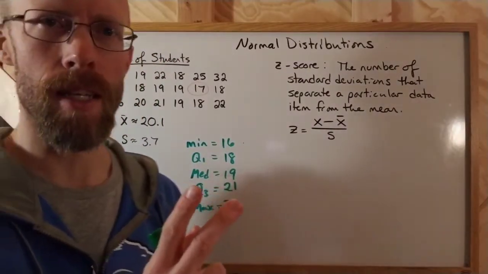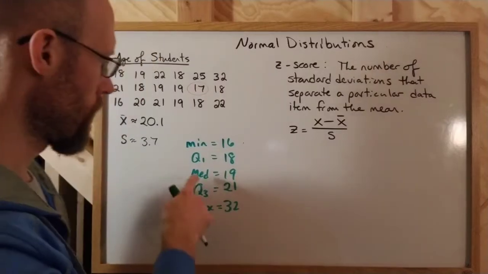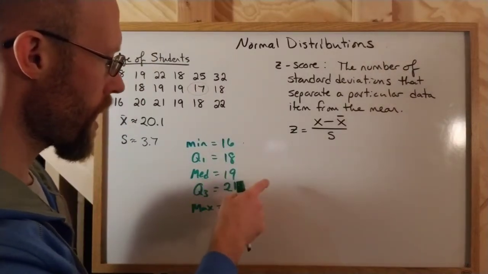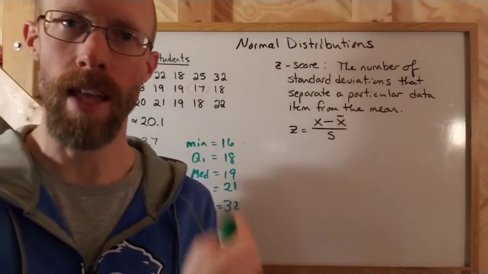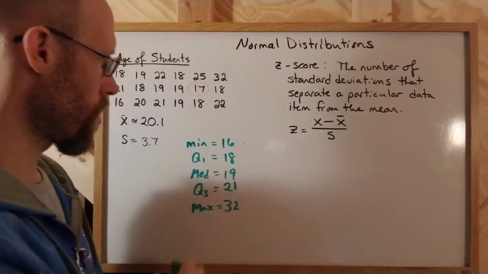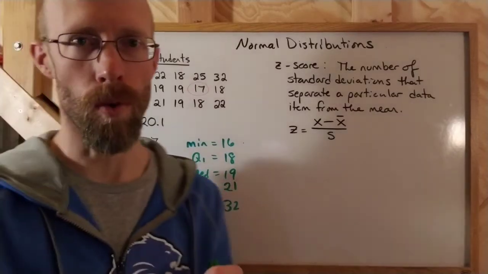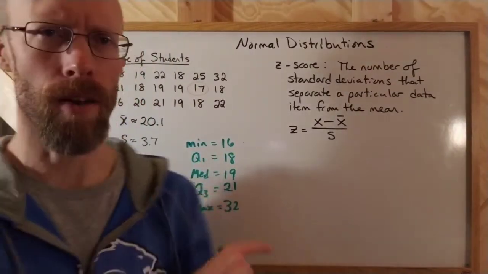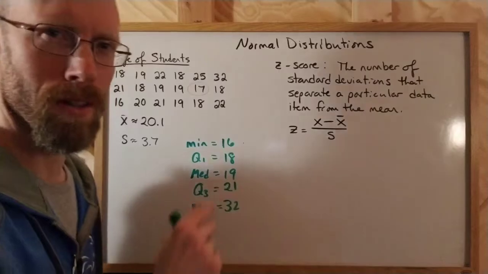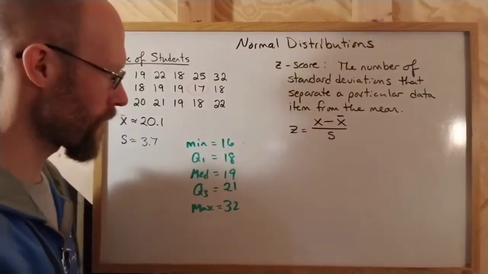You average them and get 19. Then you go from that to the minimum, cut that in half, and you get quartile 1. And then between the median and the max, cut that in half and you get 21. But anyway, you can see what they are.